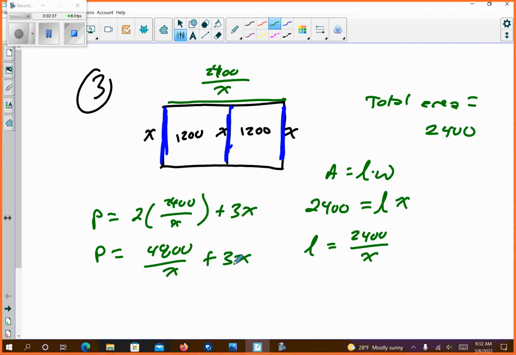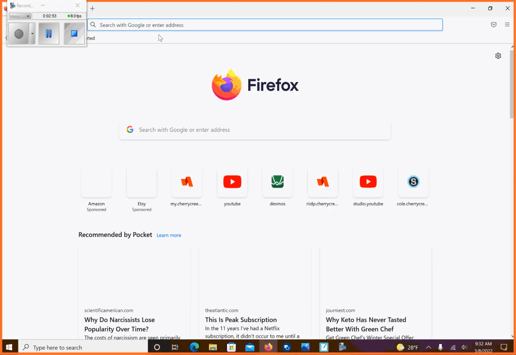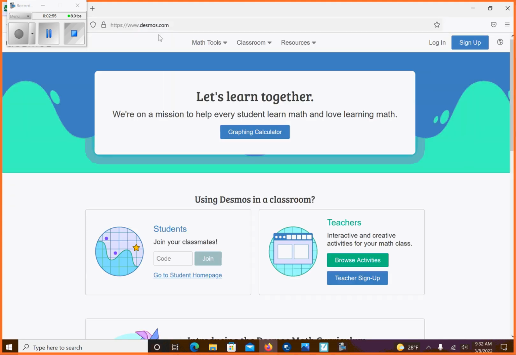Because I don't know what the perimeter exactly is, but I think if I plug that into Desmos, that should give us some characteristics for our dimensions, our minimum dimensions. So let's go. You guys got all quiet on me. Did I do something wrong?